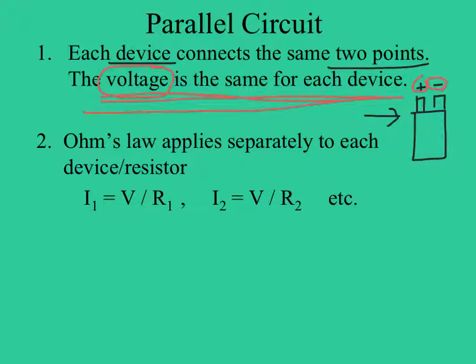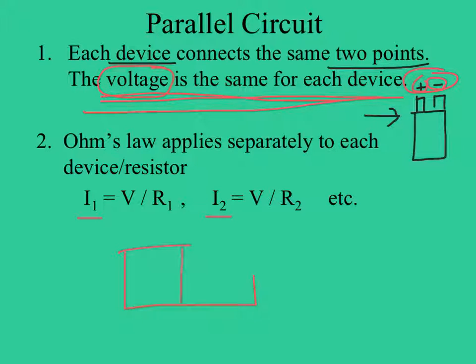Now because each light bulb is individually hooked up to the positive and negative end of a battery, each individual resistor will have its own unique current associated with it. Unlike a series circuit where the current is constant throughout because all the electricity gets backed up by the slowest resistor, so everybody is waiting for the electron in front of them to move, it's a different story when we have a parallel circuit.